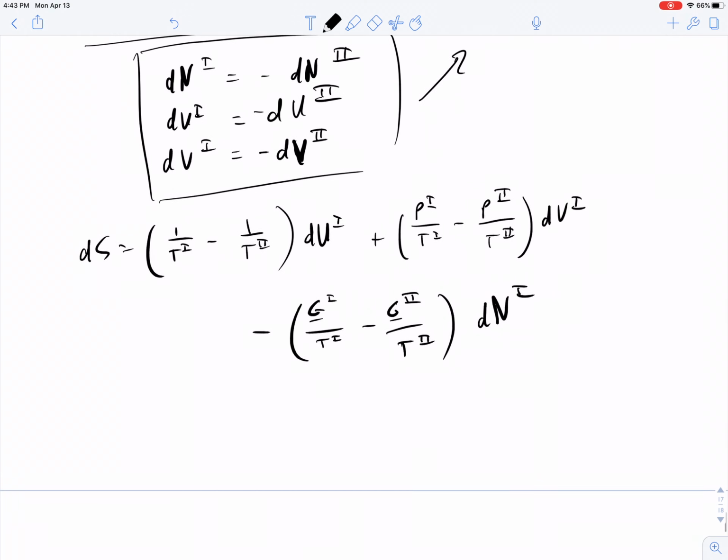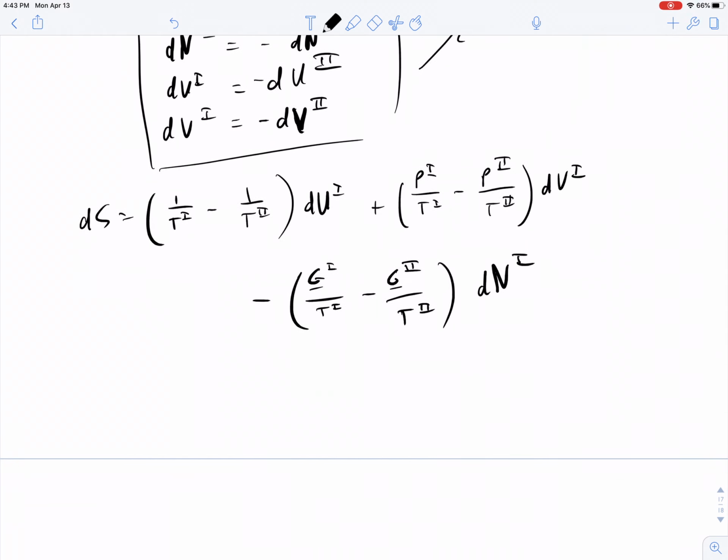So what's interesting about this is that at equilibrium, dS equals 0, because S hits a maximum. That's just what S does. Now, we know in this system that for this to take place, these can vary independently of each other, but by process of elimination, we'll start with this one.